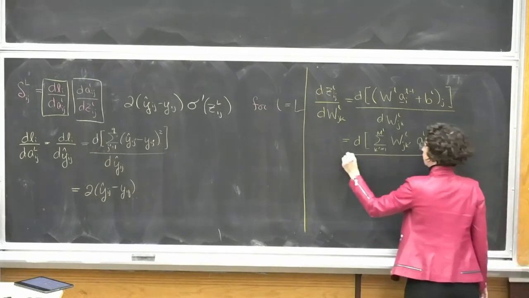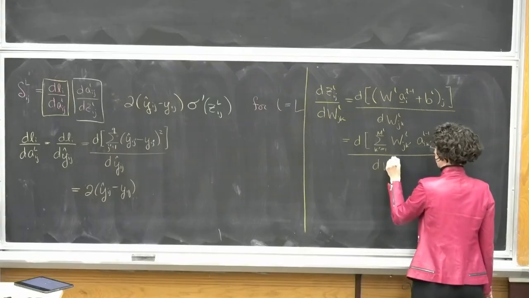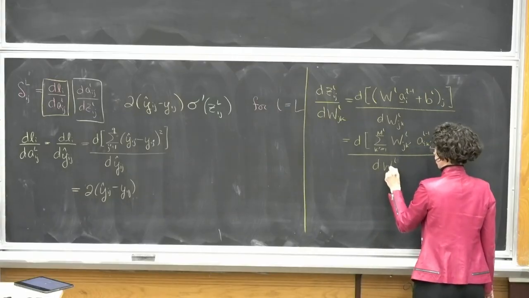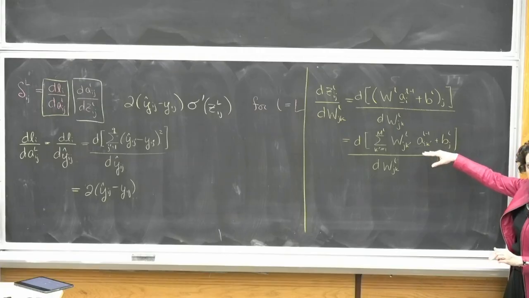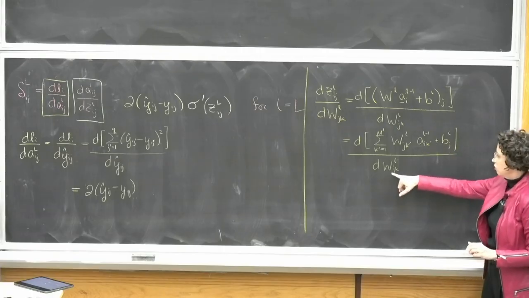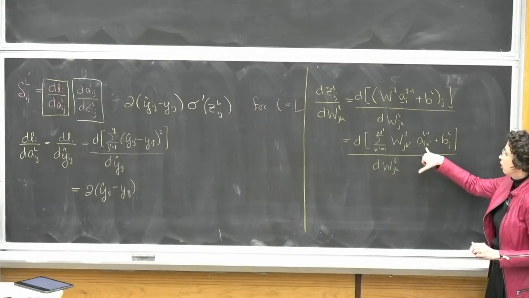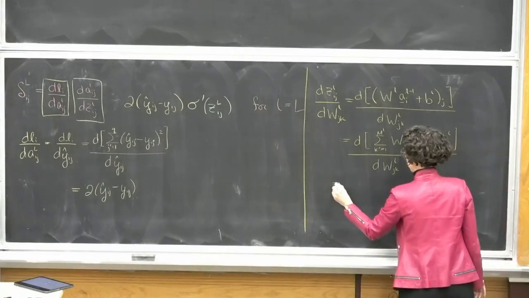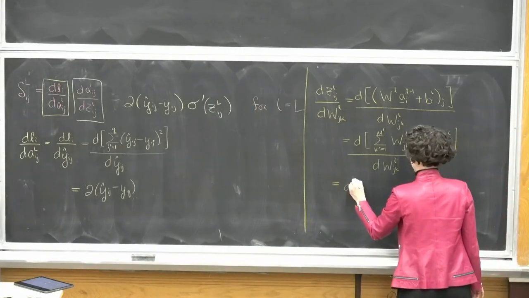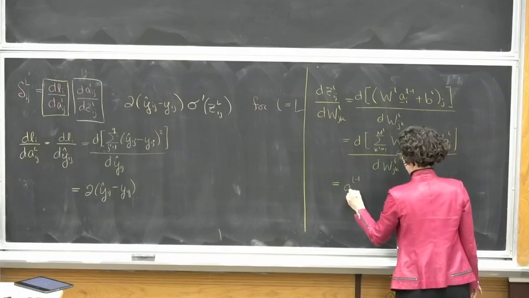And now we want the derivative of that with respect to W^l_jk. So within this sum, the only term that depends or varies with W^l_jk occurs when k' is equal to k. And so what we are left with is simply a^(l-1)_ik.